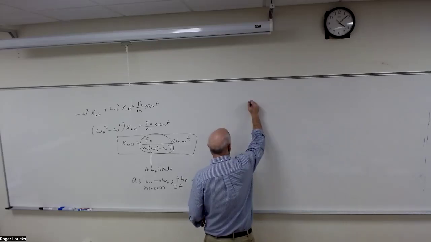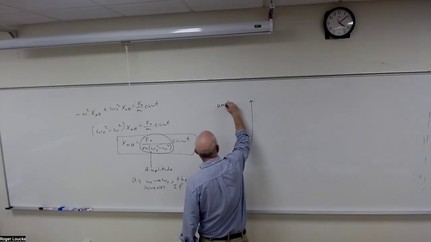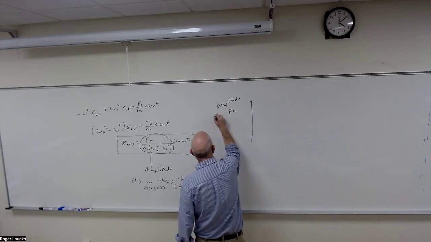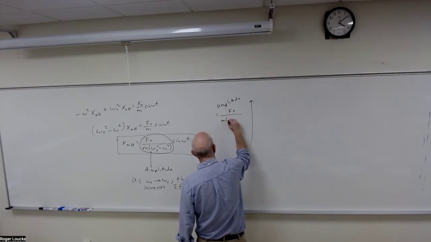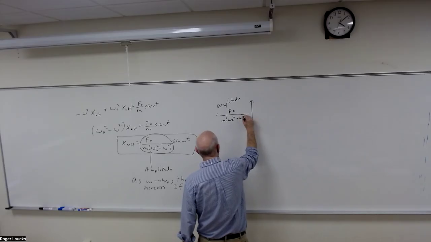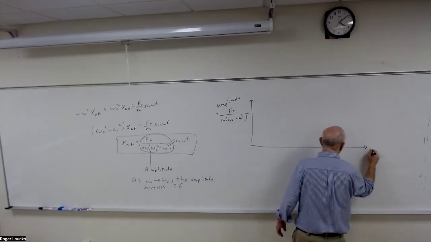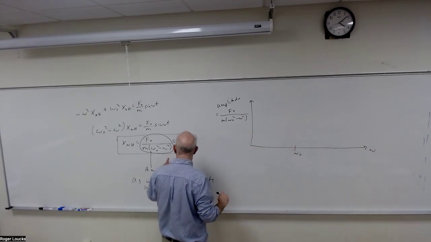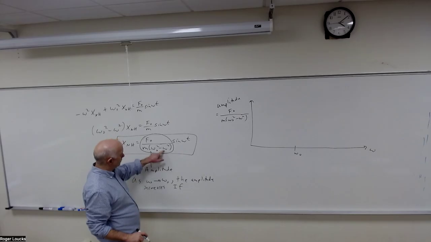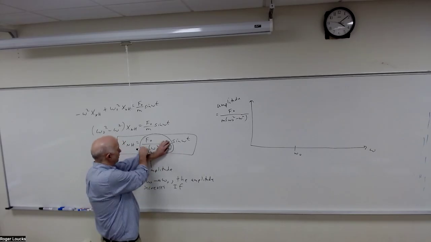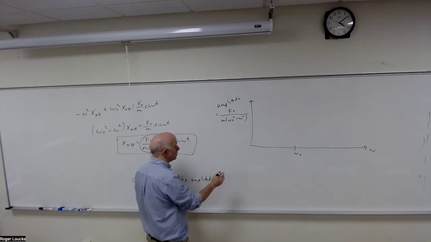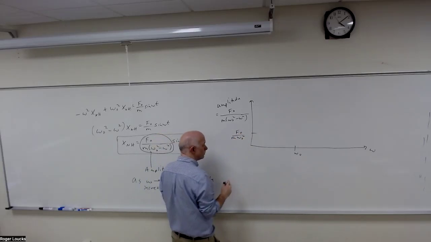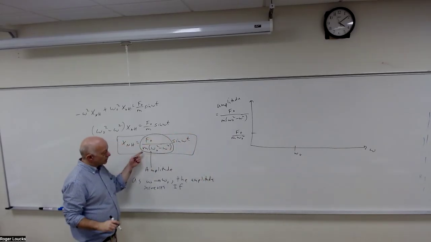I can graph the amplitude. Let's say here's... So if I'm far away from this, what happens? Let's say omega is really, really tiny. If this omega is really, really tiny, I just get this f naught over m omega naught squared.